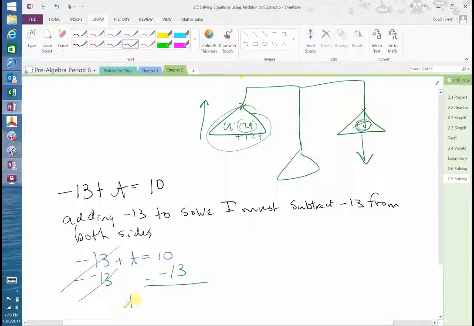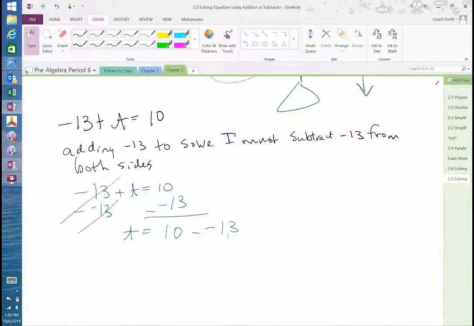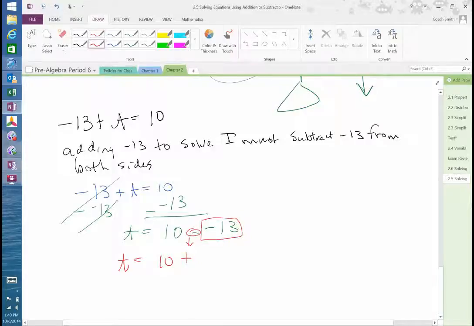So that leaves me with t is equal to 10 minus negative 13. That means t is equal to 10. Change that to addition. Do the opposite of that, which is 13. And so t is equal to 23.